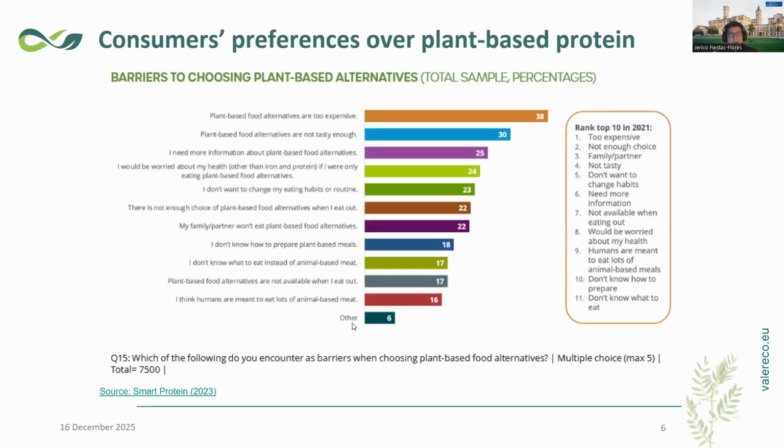However, there are some barriers to adopting these plant-based options. And in a latest study by Smart Proteins, also a former sister project from Leibniz and VALPRO Path, although we would expect that the price would be an issue, as plant-based food alternatives are considered to be expensive, one important factor that limits consumers right now from accessing or trying these new products is the texture or the taste.